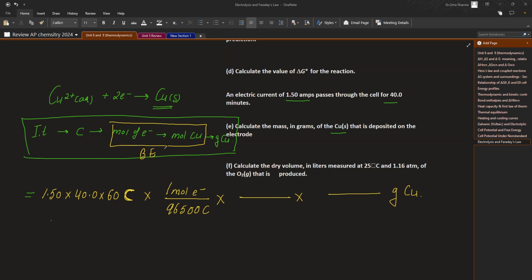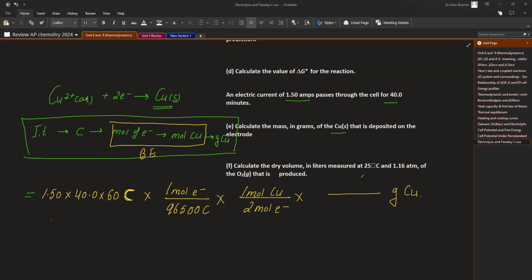At that time also, when you want to go from moles to moles, balanced equation is the only option. Moles to grams, periodic table. Get your answer in 3 significant figures.